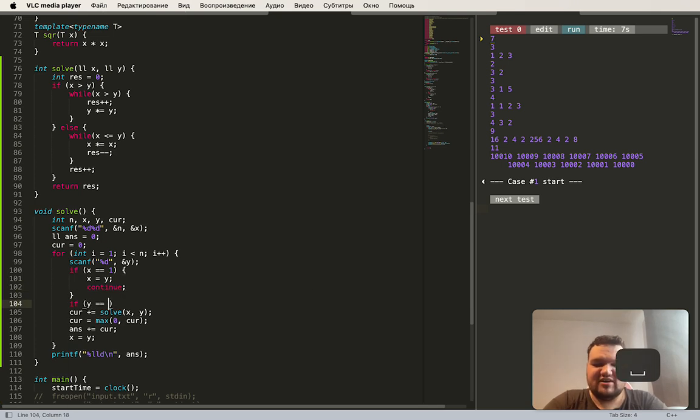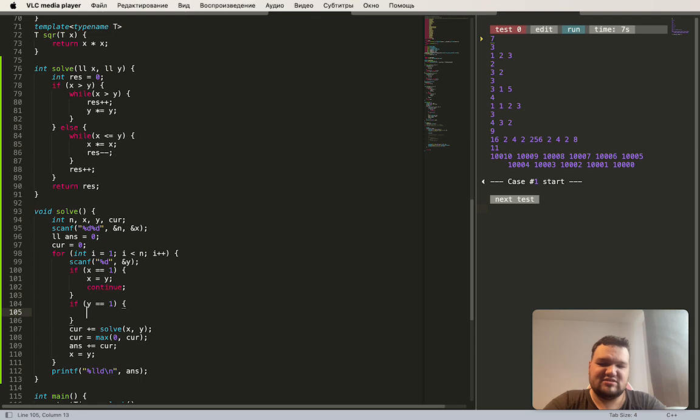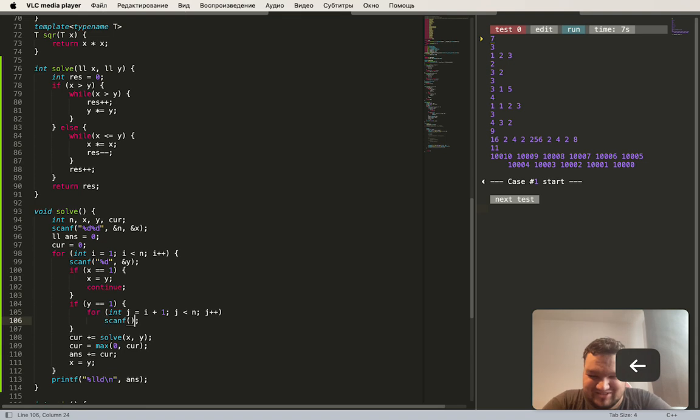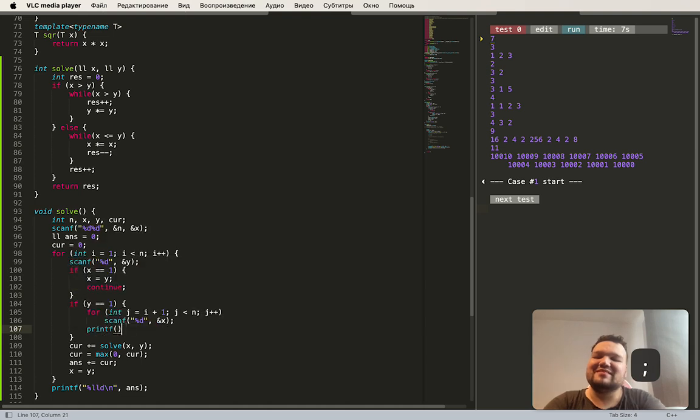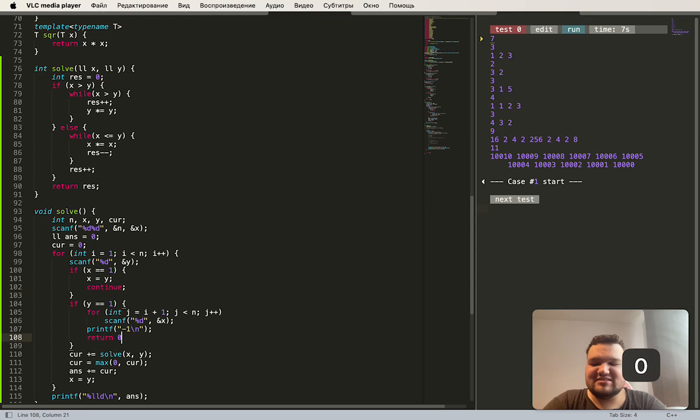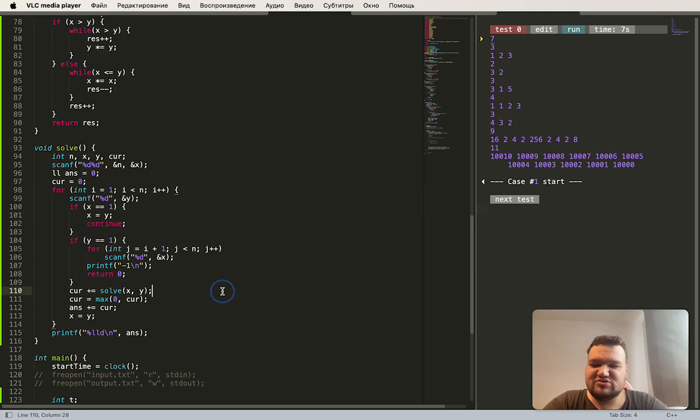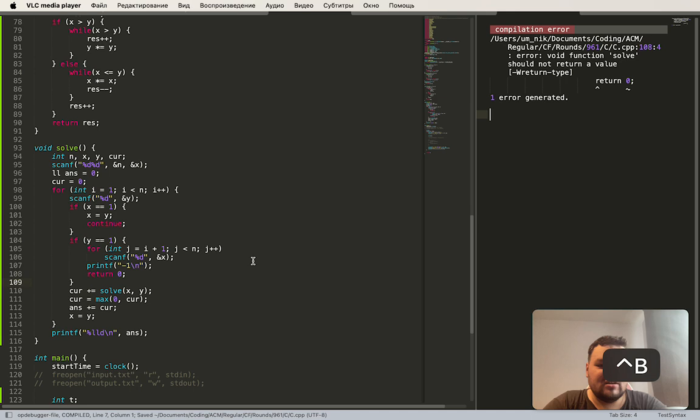But if y is equal to 1, then it's bad, and I have to just answer minus 1, but I haven't read all the numbers. Okay, that's not great. Read all the numbers and then print minus 1. Okay, that's the issue. Well, not a very common one.